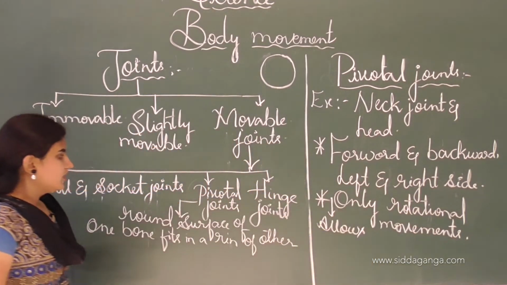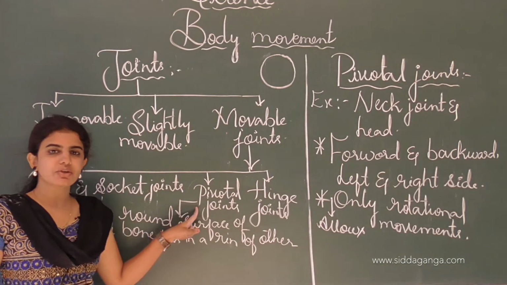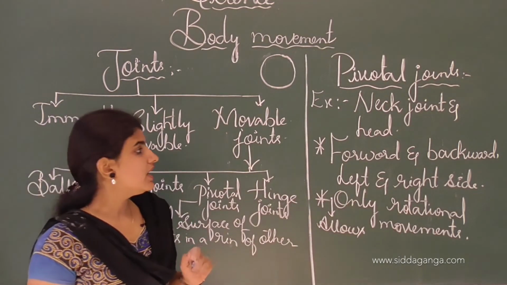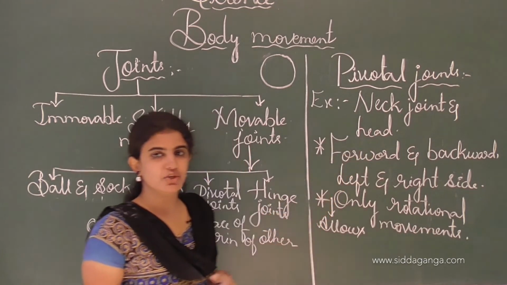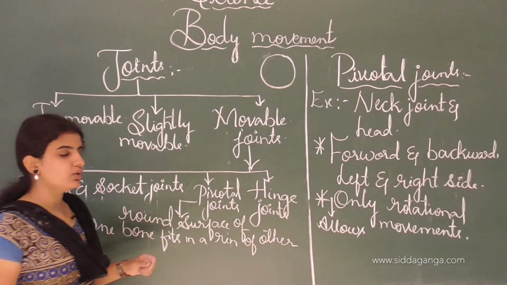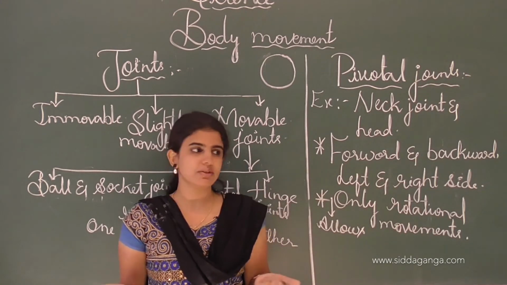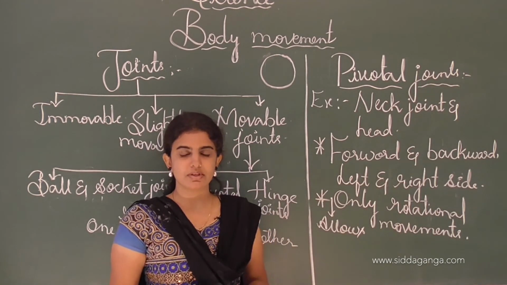See, the second point is the pivotal joints. Examples of the pivotal joints are the neck joints as well as the head joints. See, in the head region, pivotal joints are also present, which help allow forward as well as backward movement, and left as well as right side movement takes place.